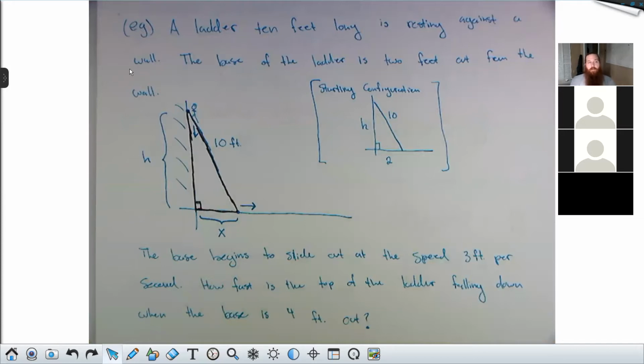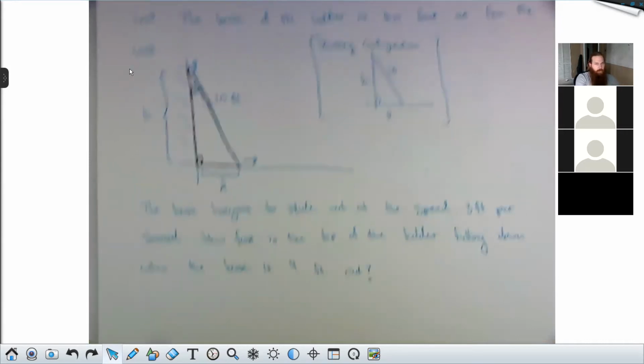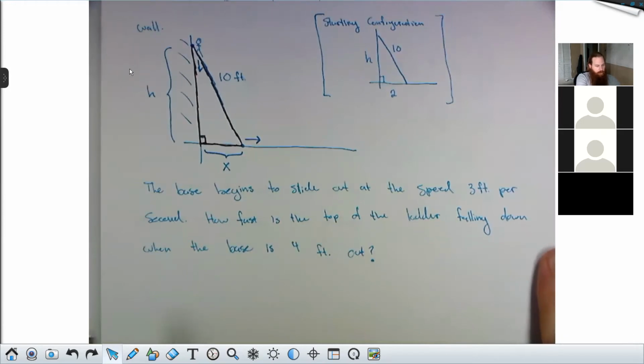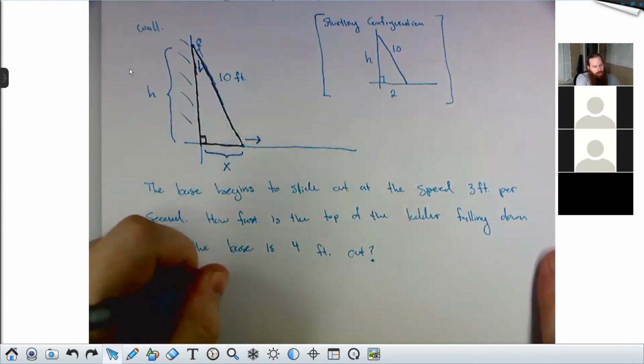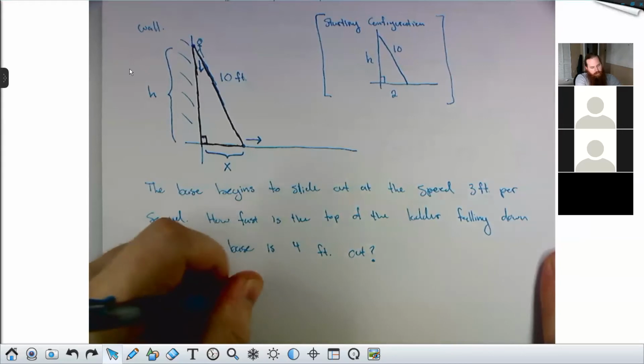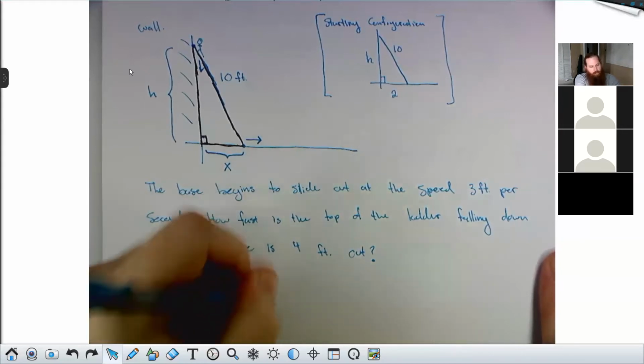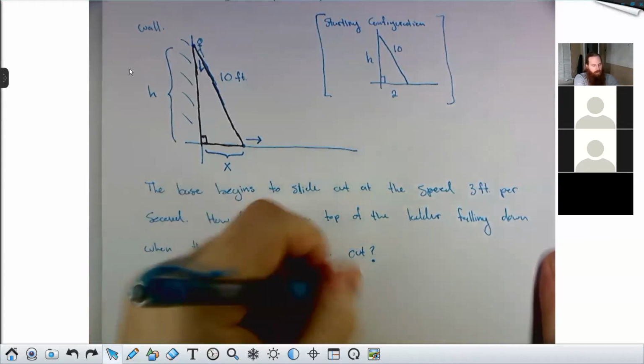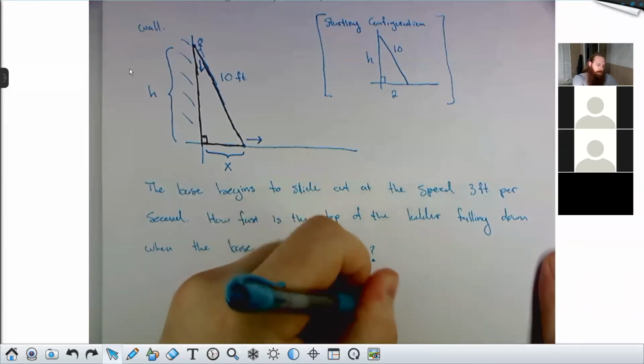So the sum of the squares of the legs is equal to the square of the hypotenuse. We know that h squared plus x squared is equal to 10 squared by Pythagoras.